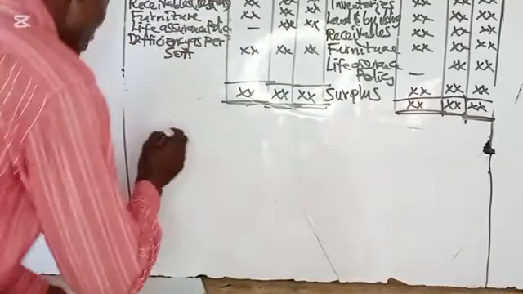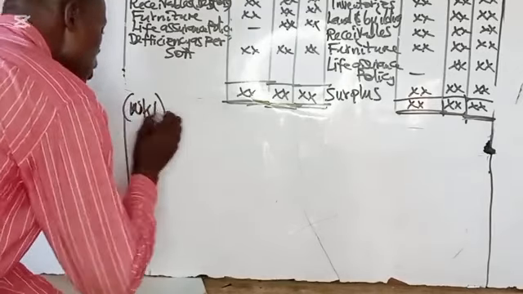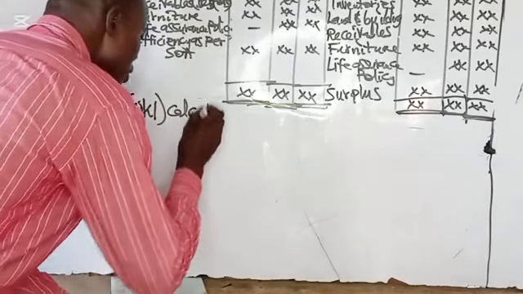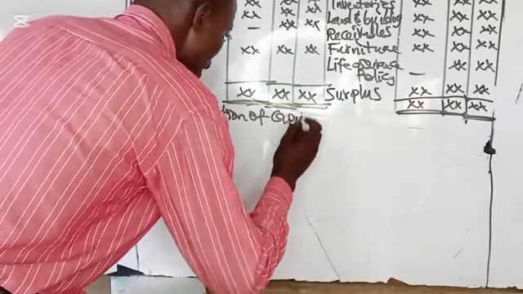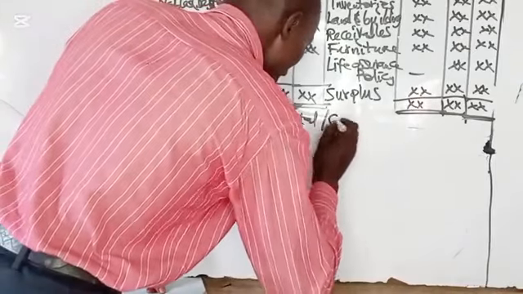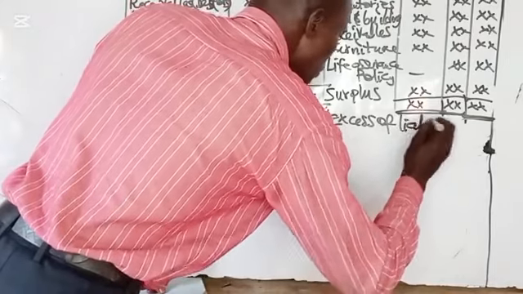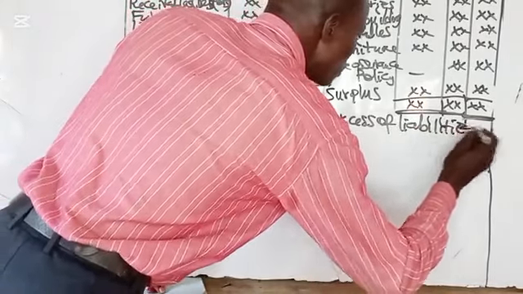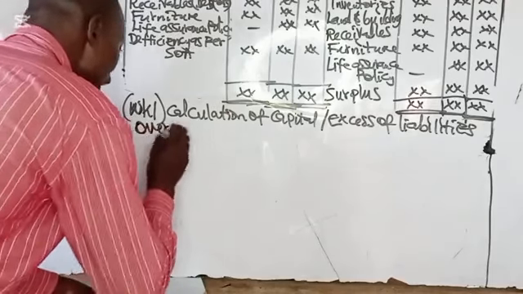Then calculation of working number one, calculation of capital. Remember, capital is excess of assets over liabilities, or excess of liabilities over assets.